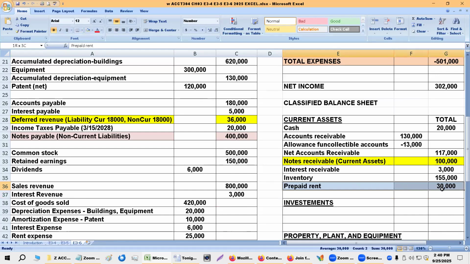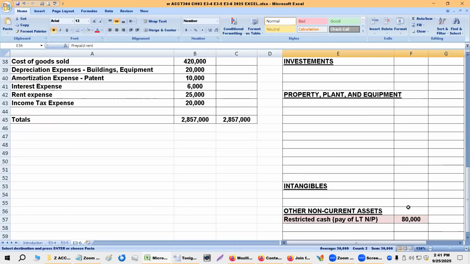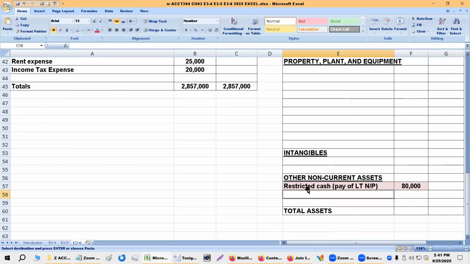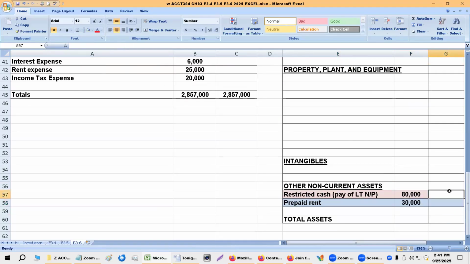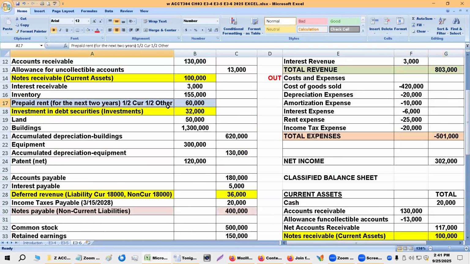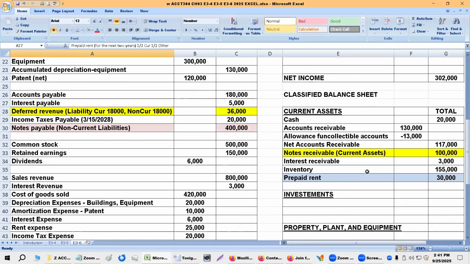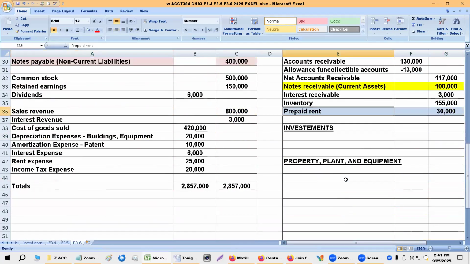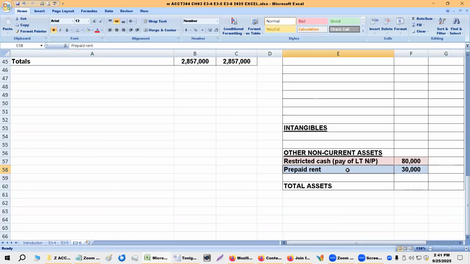And I'm going to copy this down to other. So let me make sure I did that right. 60,000, half of it is current, and half of it is non-current.